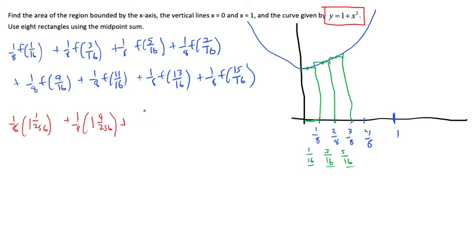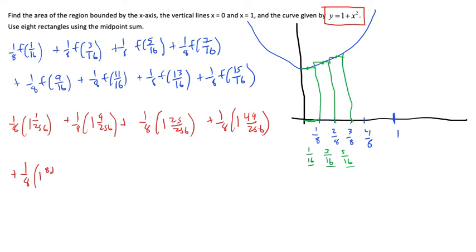Plus 1/8 times, and then put in the 5 over 16 here, that's 25 over 256 plus 1, so 1 and 25 over 256. Plus 1/8 times, when you plug the 7 over 16 in here, we get 49 over 256. And remember, this 1 comes in because of this 1 right here. So yeah, you're going to have to use a calculator a lot for these.